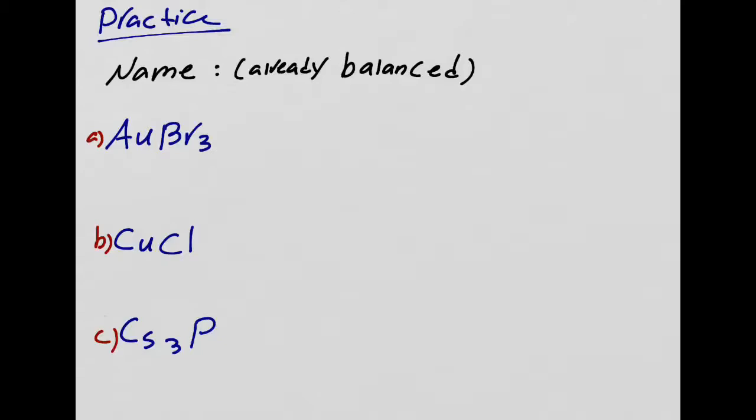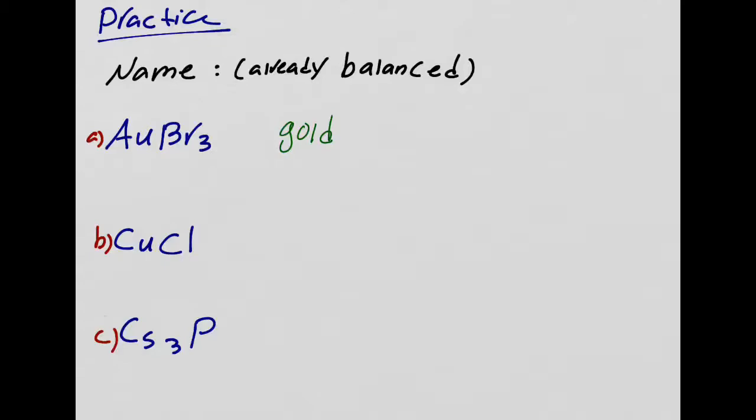AuBr3. Again, ionic compound because you have a metal and a non-metal together. The charges have already been balanced. That was our lecture last time. So what is Au? Au is gold.